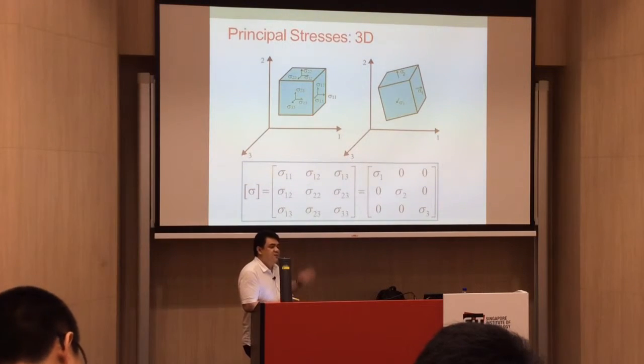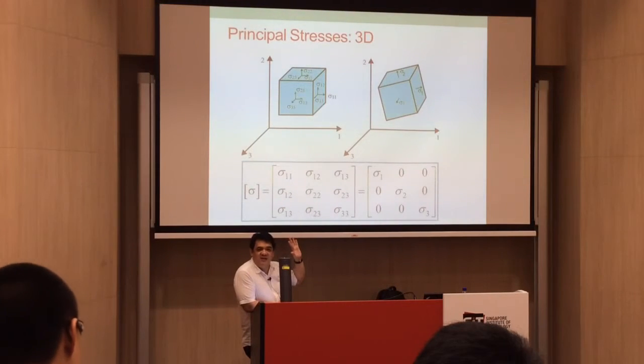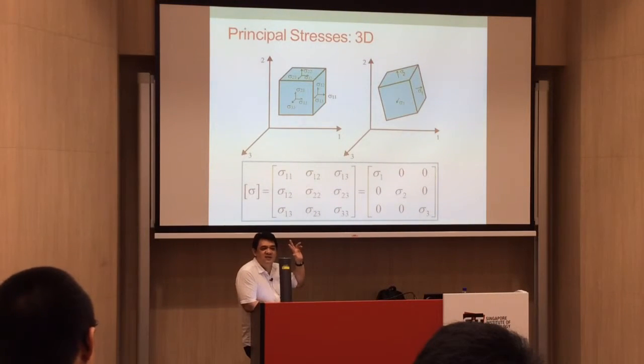So we have 9 stresses, and then we have 3 normal and 6 shear. But if you're going to rotate that element, there will be a point wherein there will be 3 normal stresses with 0 shear stresses.